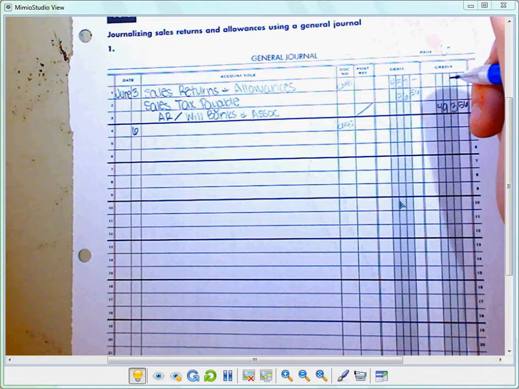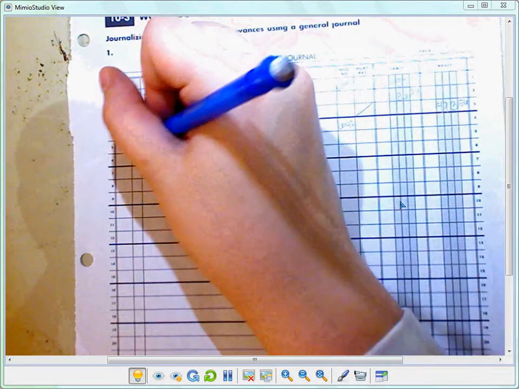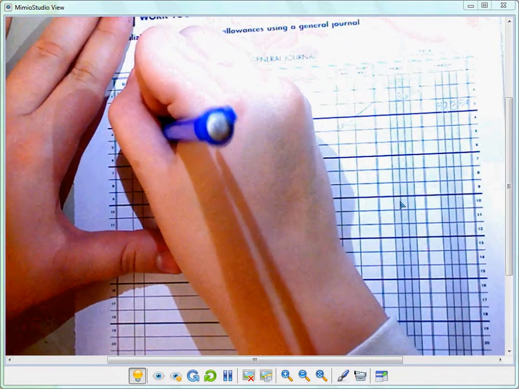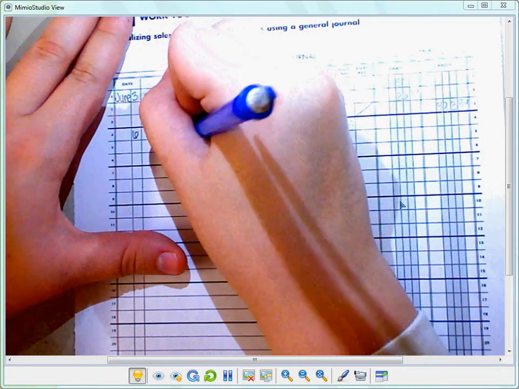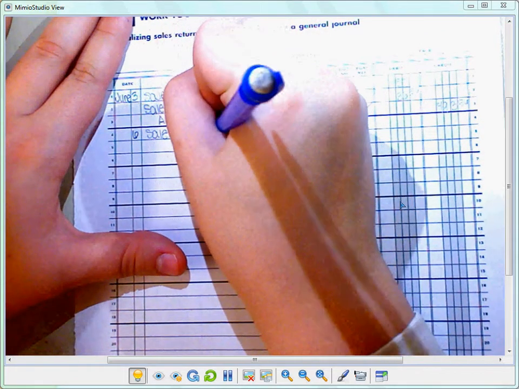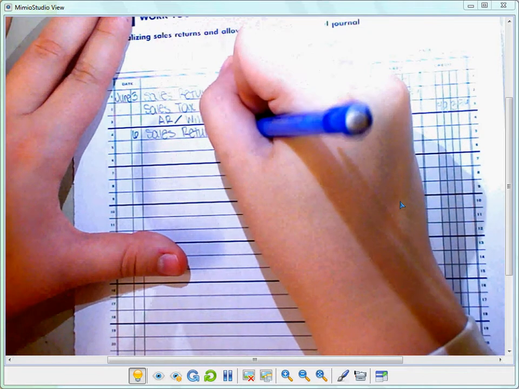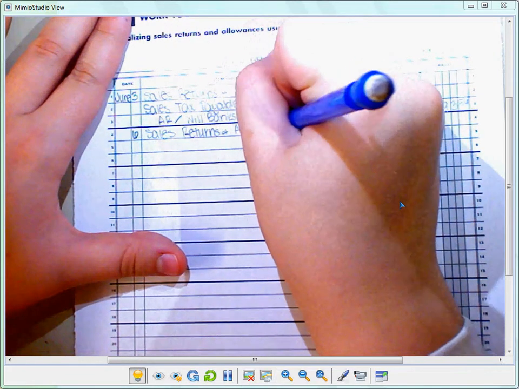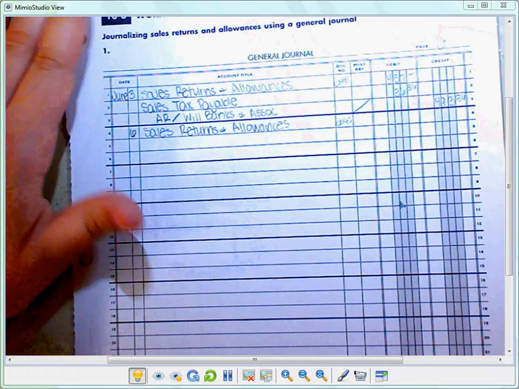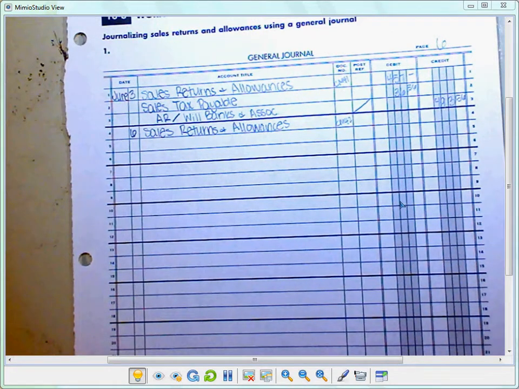So our first account, the debit account, will be sales returns and allowances. The document number is CM42. And our debit then is $67.